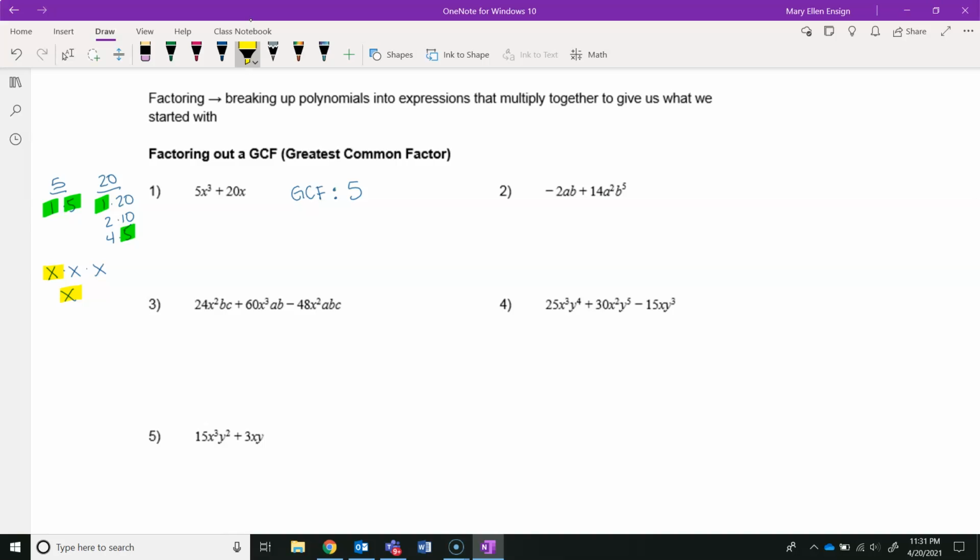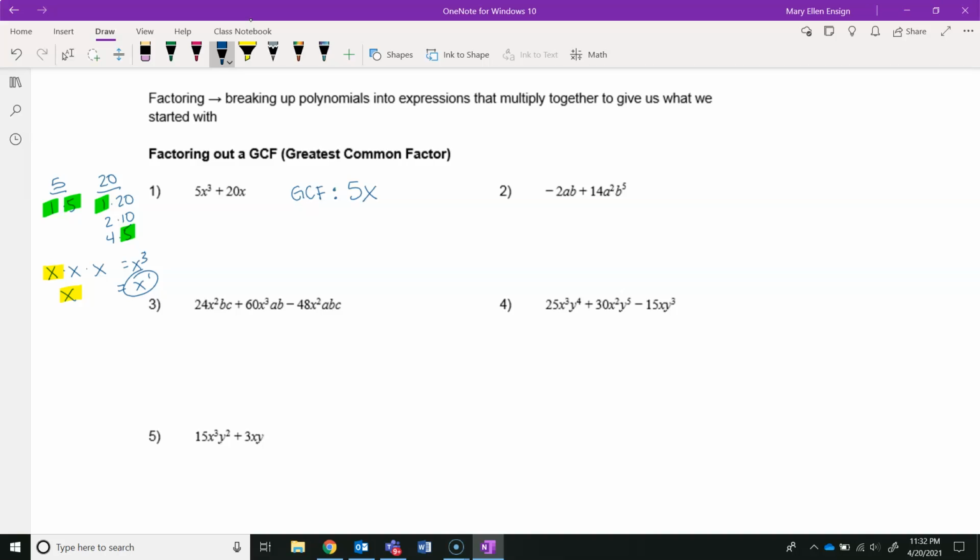I can't take any more out because I run out in this x to the first power. So my greatest common factor I can take out is just a single x. Again, this is x cubed and this is x; the exponent part of your greatest common factor ends up being the smallest exponent that you have. So my greatest common factor is 5x.